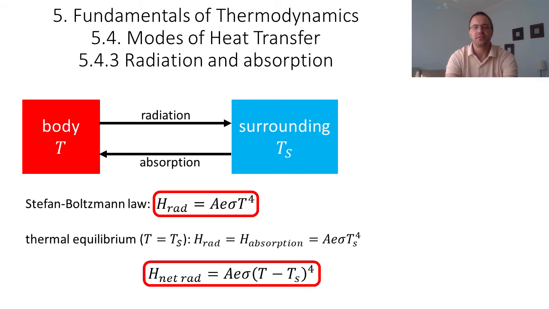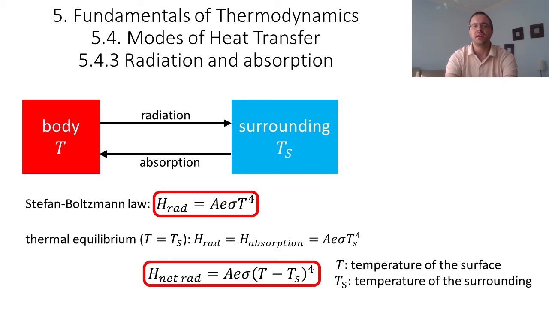And so the net radiation when the body is not in equilibrium is then equal to A E sigma (T^4 - Ts^4). And so in this relation, T is the temperature of the surface, and Ts is the temperature of the surrounding.